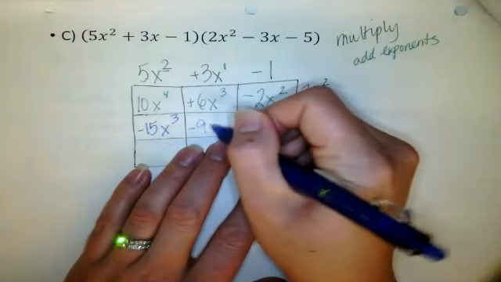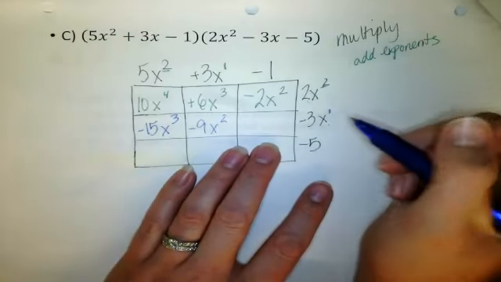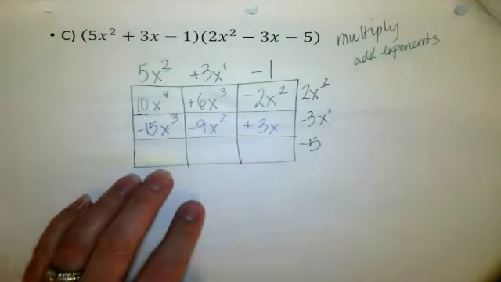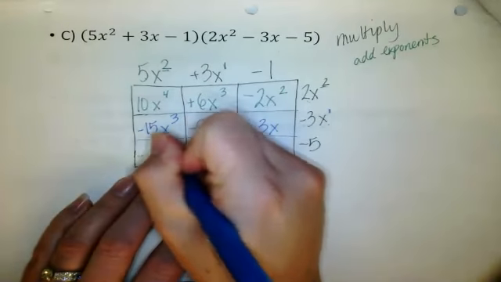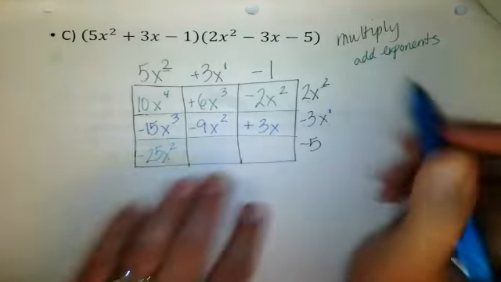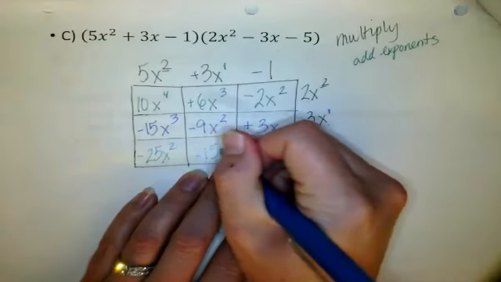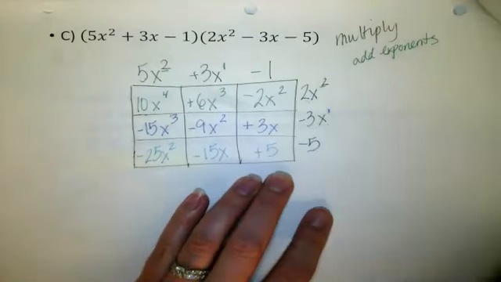Negative 9x squared. Very good. And then negative 1 times negative 3x? Positive 3x. 5x squared times negative 5 is negative 25x squared. 3x times negative 5, negative 15x. And then negative 1 times negative 5 is positive 5.